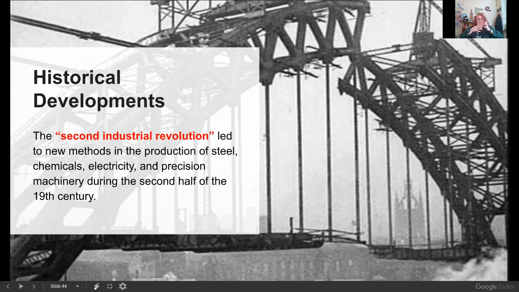You start in Britain and it spreads out. And it hits the United States right around the end of the 19th century, beginning of the 20th century. This is when we see the big boom, right? The 10s and 20s of the early 20th century.